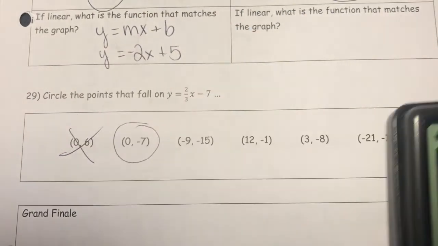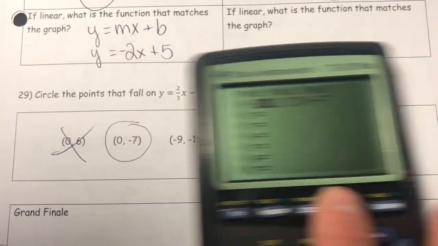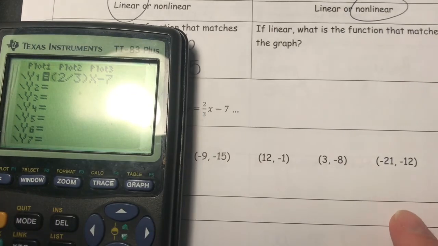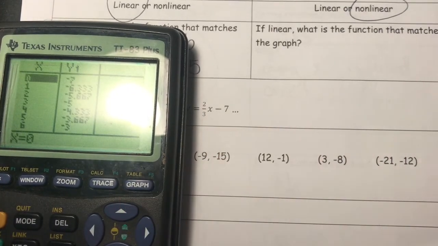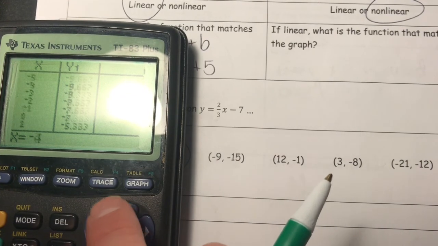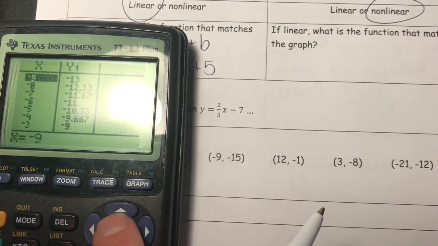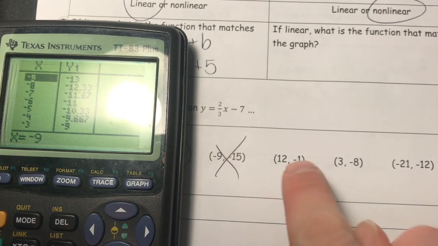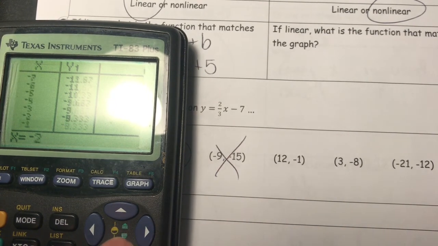And your 2 minutes are up. So I have my equation in, right? I'm going to hit second graph. I have negative 9, negative 15, so let's go up to negative 9 and see if negative 15 is there. Nope. I have 12, negative 1, so I'm going to go to 12.